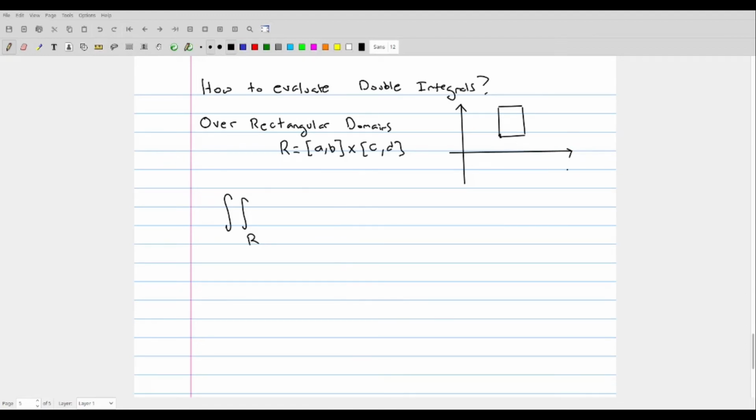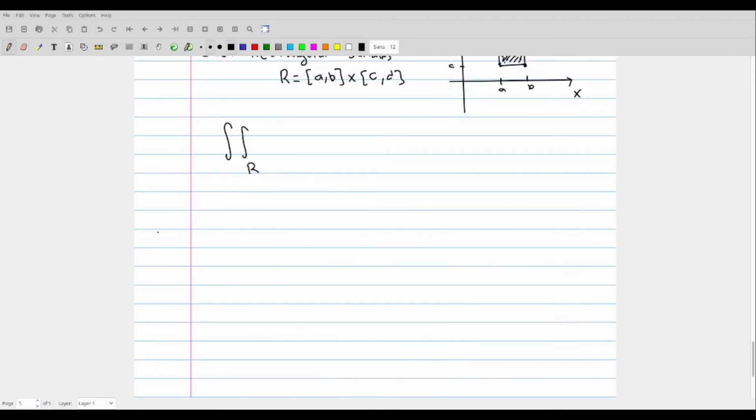The first interval is an interval along the x-axis, going from the minimum value of the domain to the maximum value of the domain, or from, say, A to B, and then from C to D along the y-axis. So this rectangle R is the simplest possible shape that we can integrate over. So this is what we'll start with in terms of evaluating an integral.